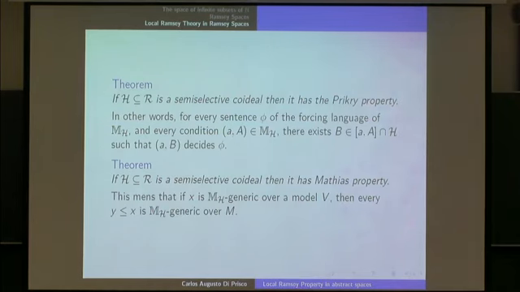And well, this forcing, when H is a semi-selective coideal, has these two nice properties that I mentioned before, the analogous of the Prikry forcing, which is decision of a formula by just shrinking the top part, and the genericity is preserved by infinite reductions. This is what I call the Mathias property.